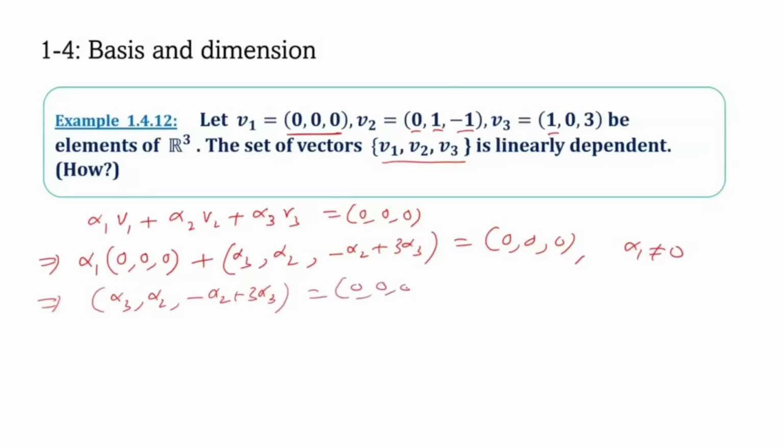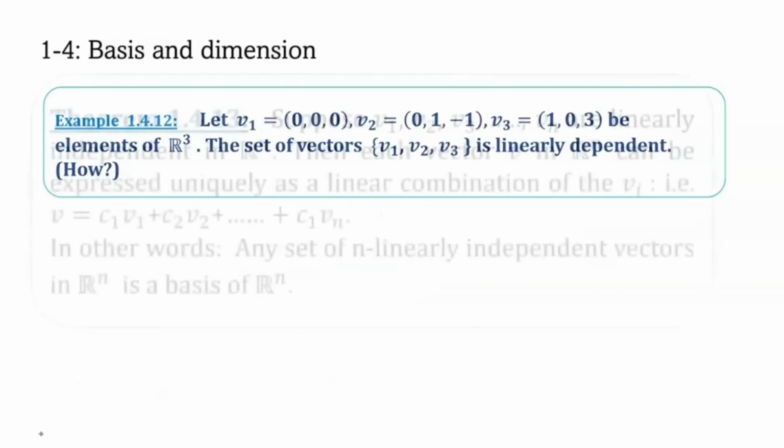This is equal to (0, 0, 0). Now we take alpha 1 not equal to 0. This gives you alpha 2 is equal to alpha 3 is equal to 0, but alpha 1 is not equal to 0. So therefore the set V1, V2, V3 is linearly dependent.